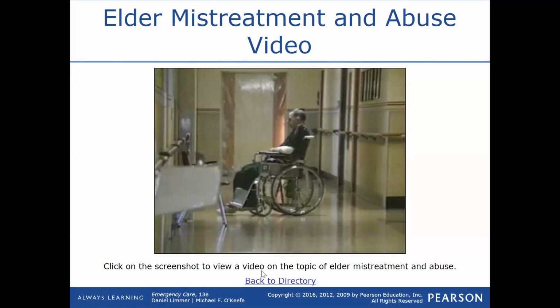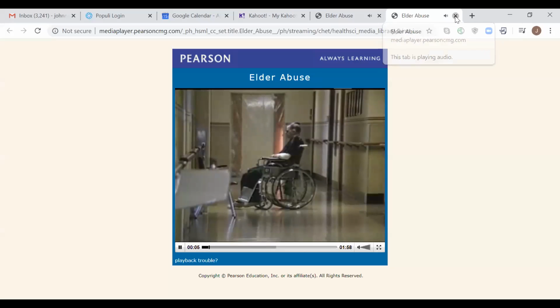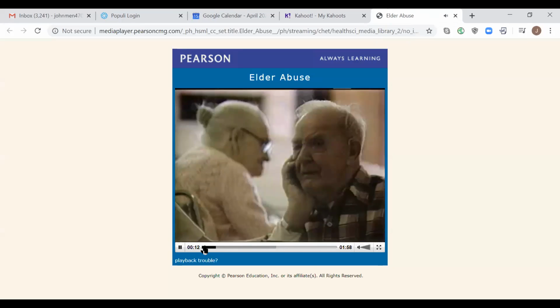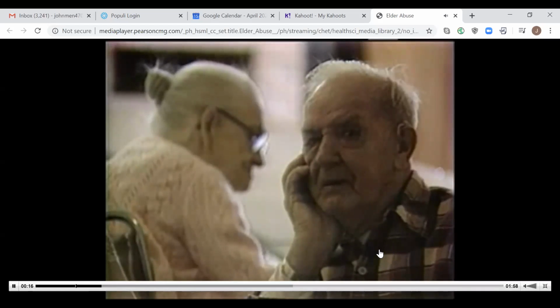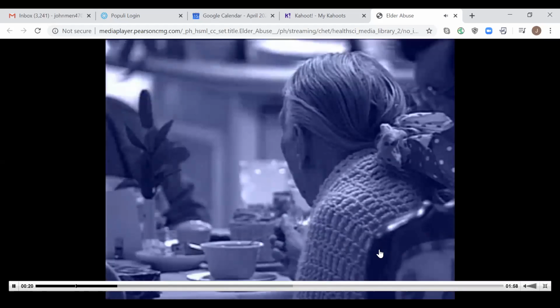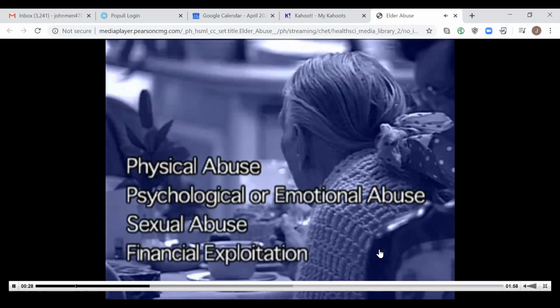Elder mistreatment is the outcome of abuse, neglect, exploitation, or abandonment of older adults, and represents some of the most tragic behavior in the area of family violence. Any action or inaction that caused harm or endangers the welfare of an older adult may be considered elder mistreatment. Types of elder abuse include physical abuse, psychological or emotional abuse, sexual abuse, financial exploitation.